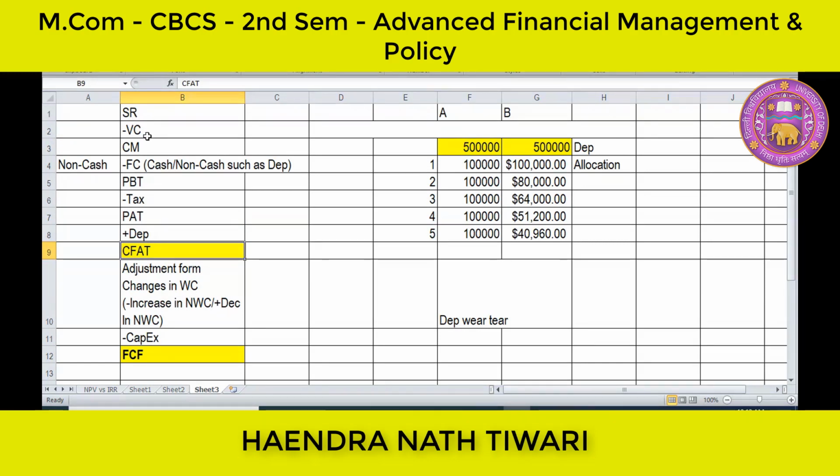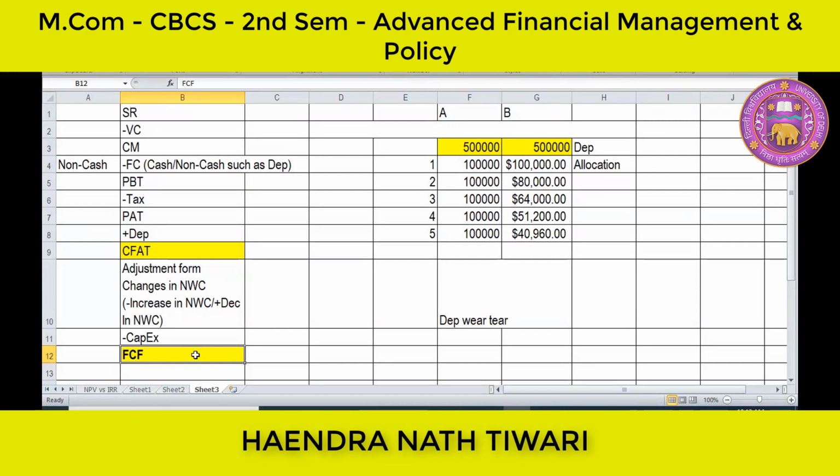As much credit as went out extra this year, that much came back as last year's. So there is no net change in working capital. If there is a net change in working capital, either increase or decrease, you need to adjust that also. So this is the free cash flow which can be reinvested, which is not tied with your own investment.